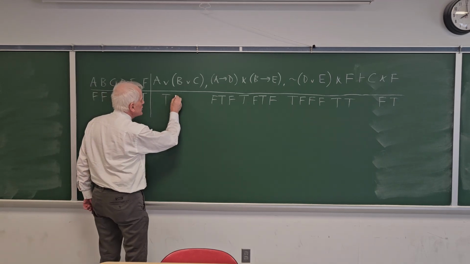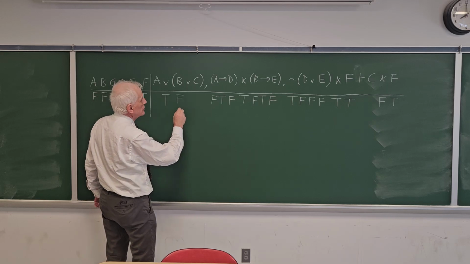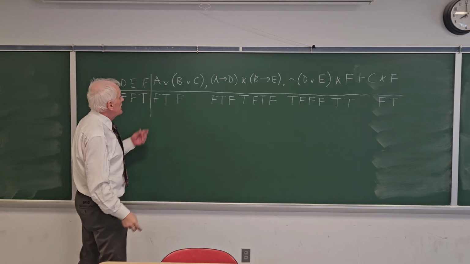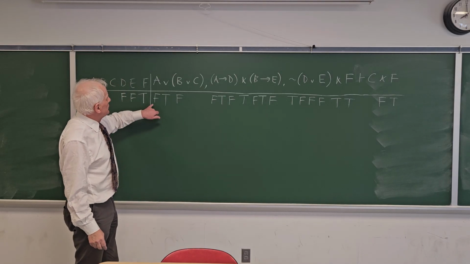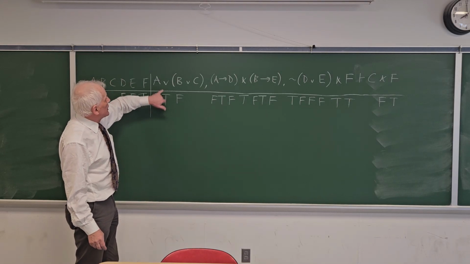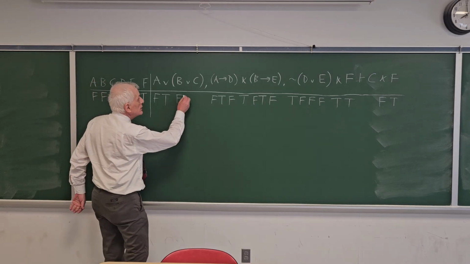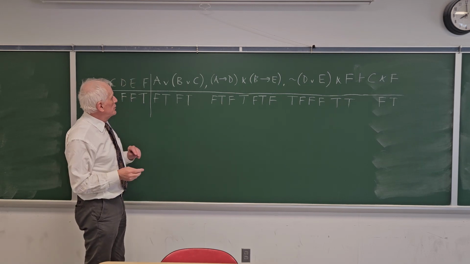Now if we take those two truth values, A must be false and B must be false, right? So if we take those two truth values and put them in the first premise, well, now the disjunction has a false left disjunct, so it must have a true right disjunct, or it wouldn't be true.